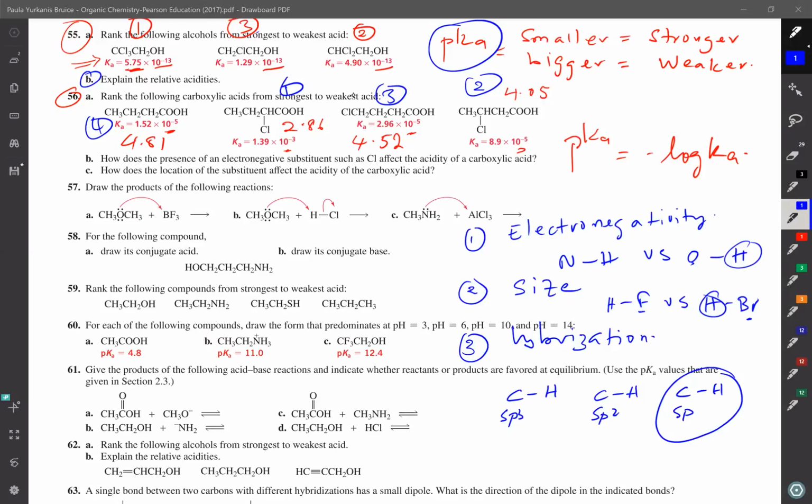And so usually when we ask you to explain the relative acidity, we want you to use one of those factors to explain. So you have to know which factor best explains what I'm observing, and then use that factor to explain. The fourth factor is what we call distance.